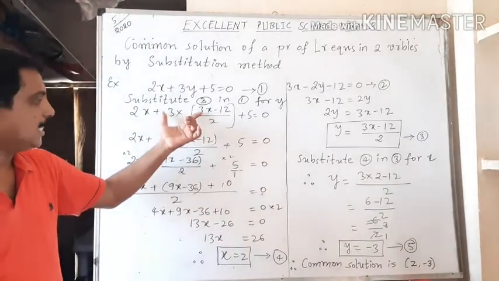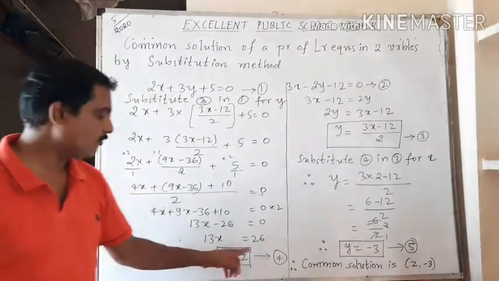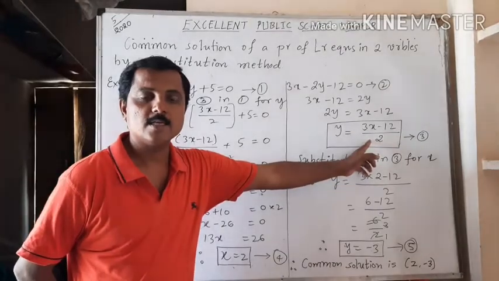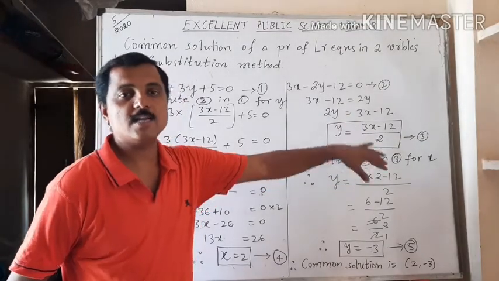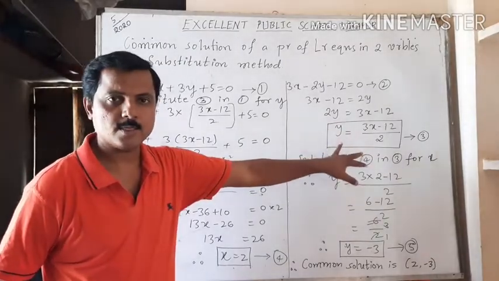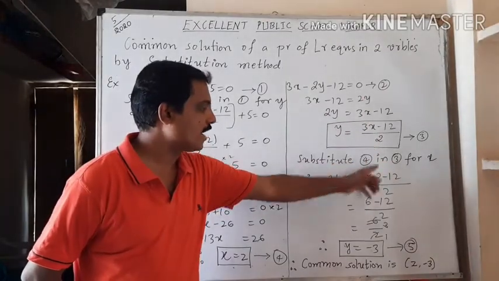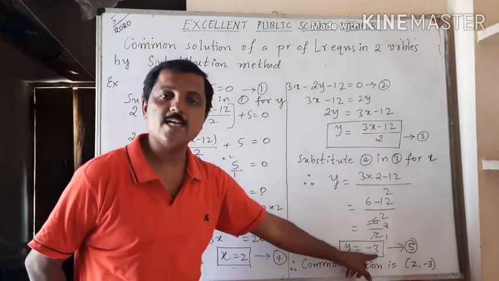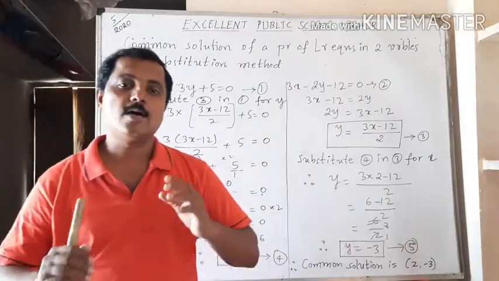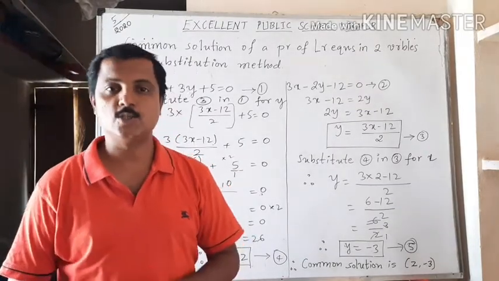Then I find the value of x by transposition. Once we find the value of x, that value is put in the other equation, converted in terms of y, or y converted in terms of x. After transposition I get one more value, of y. This is how we find the common solution to a pair of linear equations in two variables.